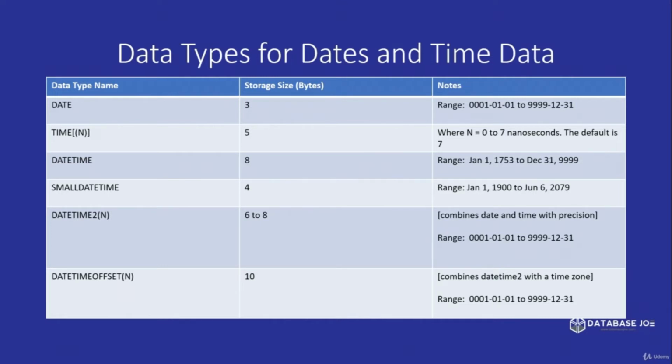You can think of datetime2 as an extension of the datetime data type, but with a larger date range. Datetimeoffset defines a date that is combined with a time of day and is based on a 24-hour clock. The main difference with this data type is that it supports time zone awareness.